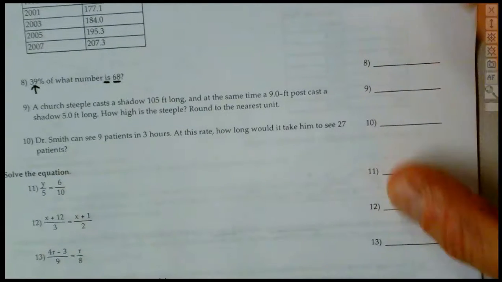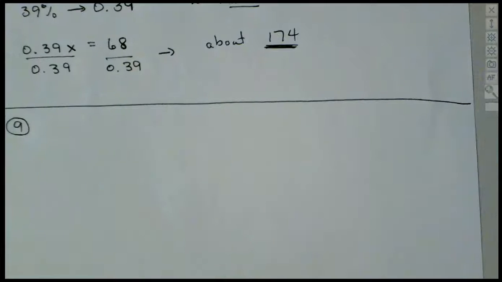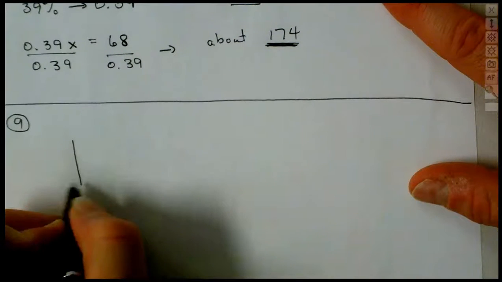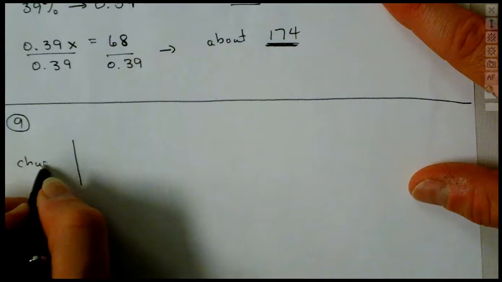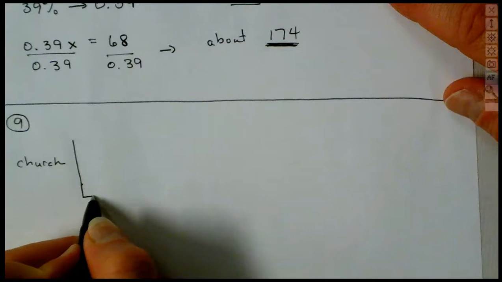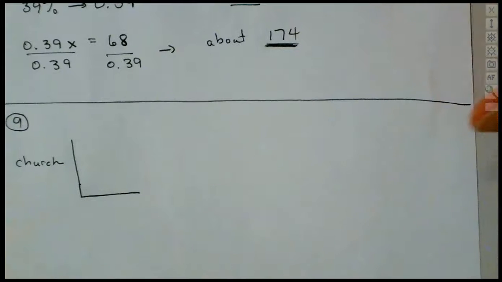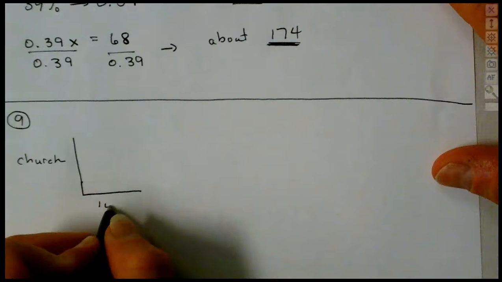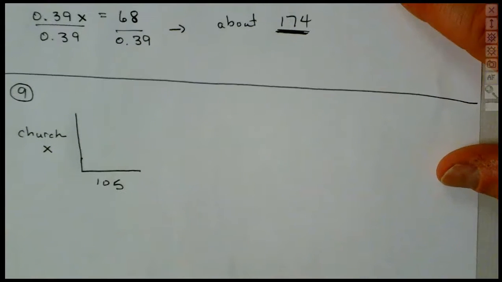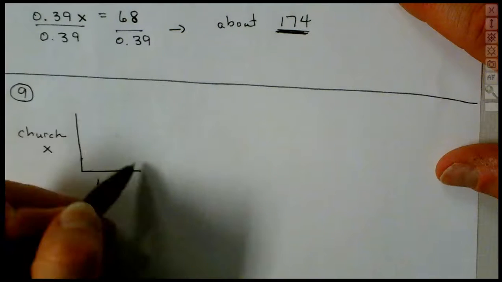So what we're going to look at is our pictures again. So we've got the church steeple, and that church steeple is going to cast a shadow. We've got our sun on it. And that church steeple has a shadow that is 105 feet long. We don't know how tall the steeple is, so we're going to call that x, right? Because what happens is you get a shadow here.